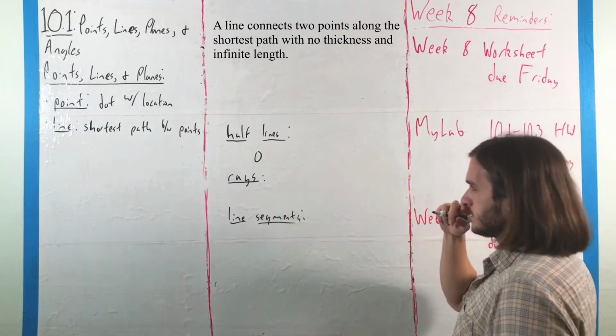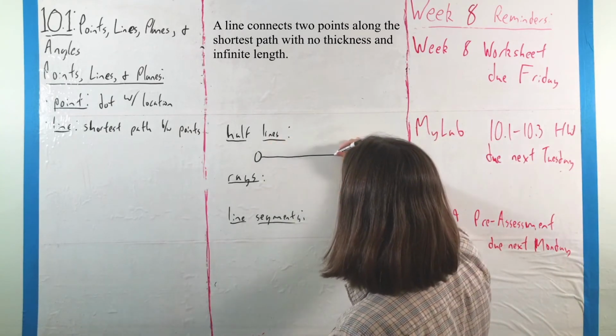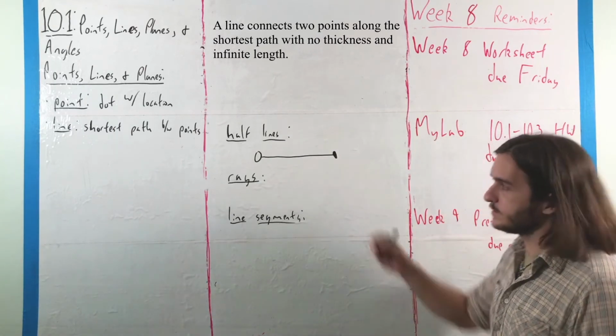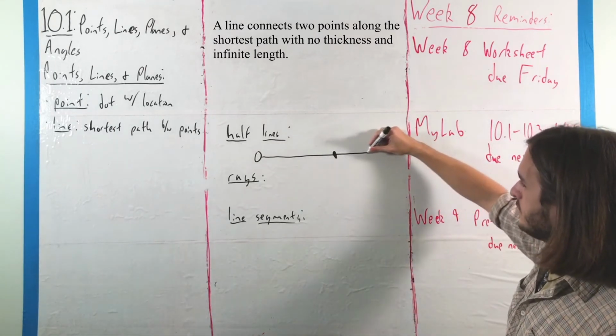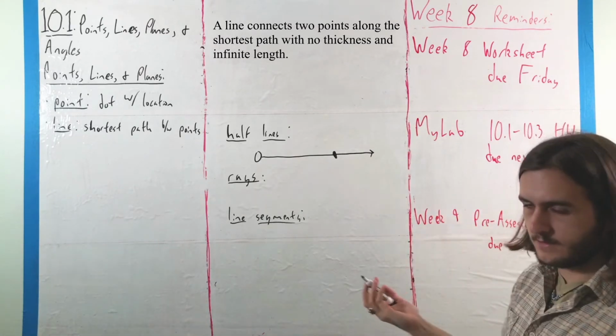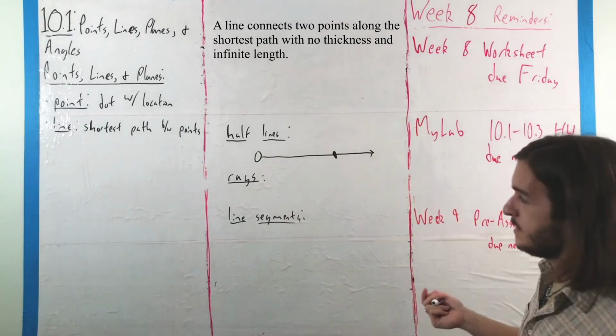So that's what that open circle means, is we're taking the point but not actually including it there. Then we have some other point that we actually do include, and then we let our line go on forever. So we just get half of a line in a sense, because we only have infinite extension in one direction.